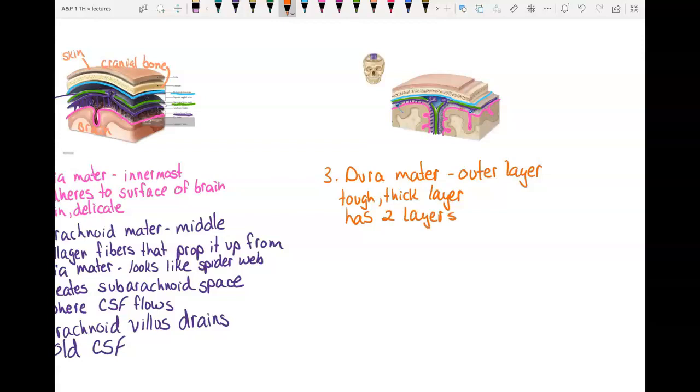So you have the meningeal. This is the layer that stays attached to the arachnoid layer. And then the periosteal is attached to the bone.